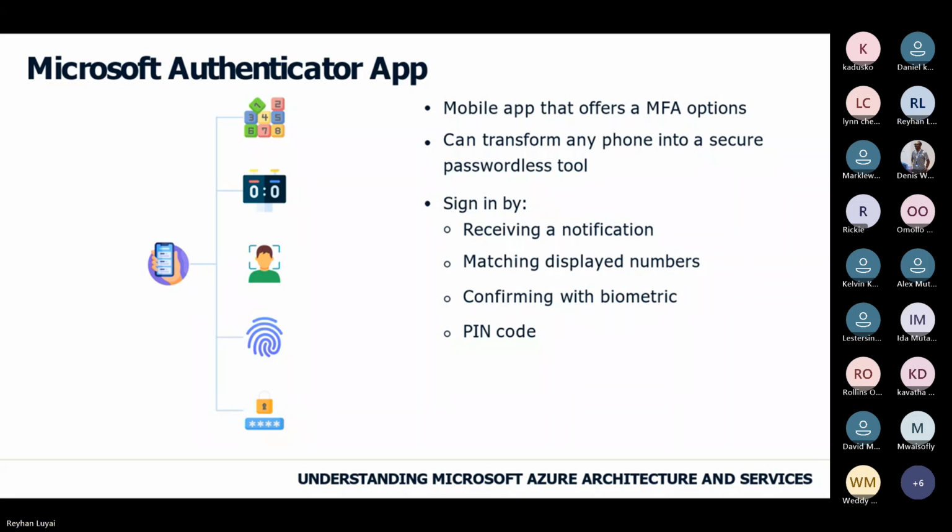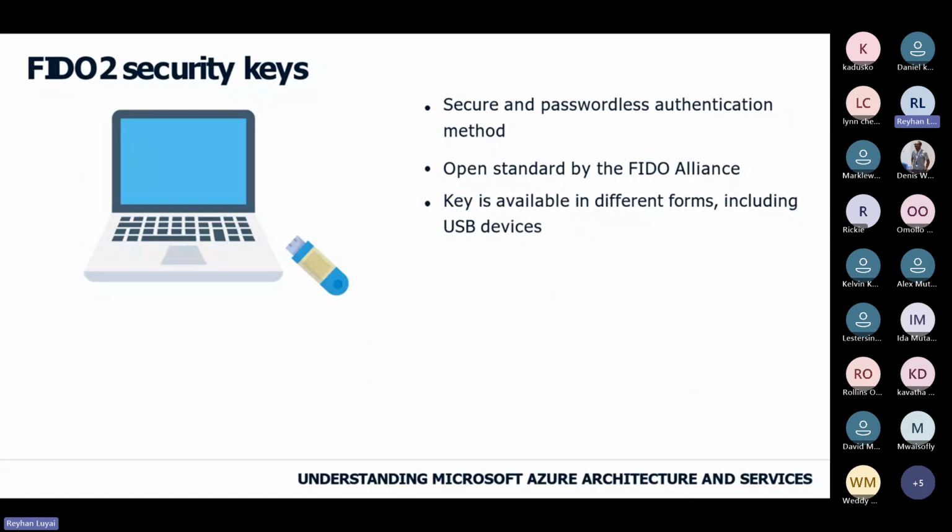Let's look at the FIDO2 security key. It offers a secure and passwordless authentication method. This is an open standard by the FIDO Alliance, and it aims to enhance online security.